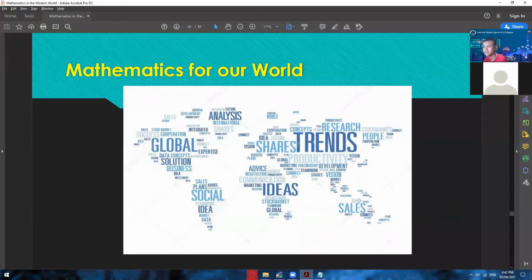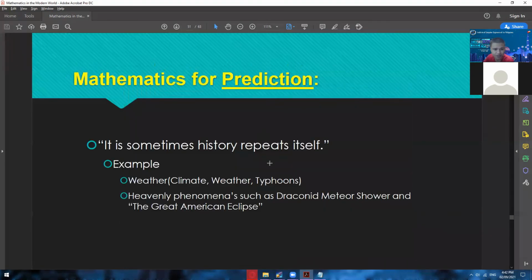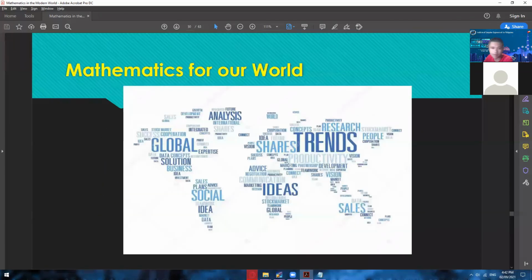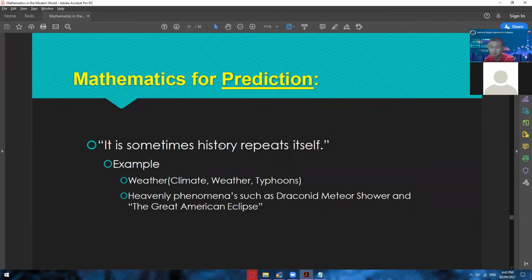And the next one is prediction. Of course, if we have that kind of data coming from organization, like thousands of babies being born every second, then we can predict something.